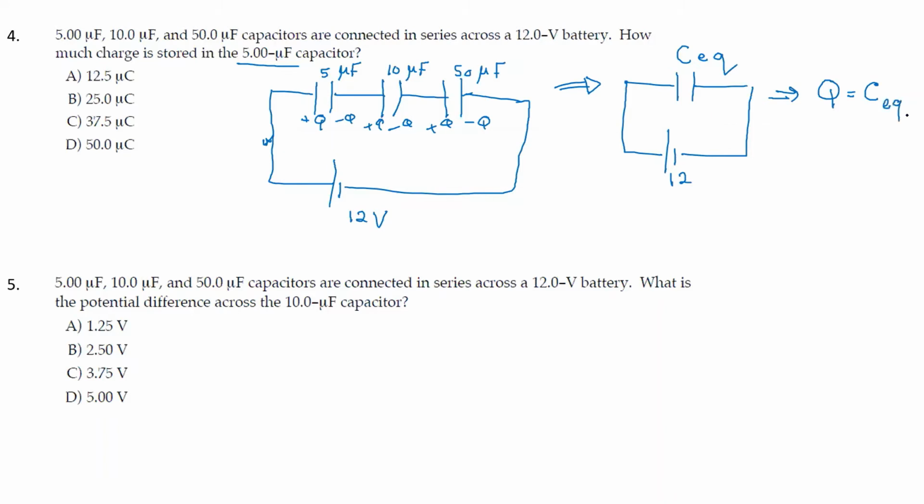So that is what we are going to do. My first step is finding the equivalent capacitance. So C_eq is given by 1 over 5 plus 1 over 10 plus 1 over 50, inverse.